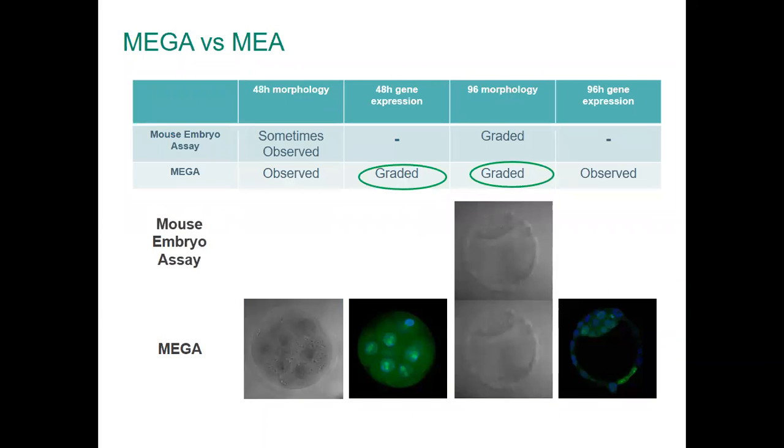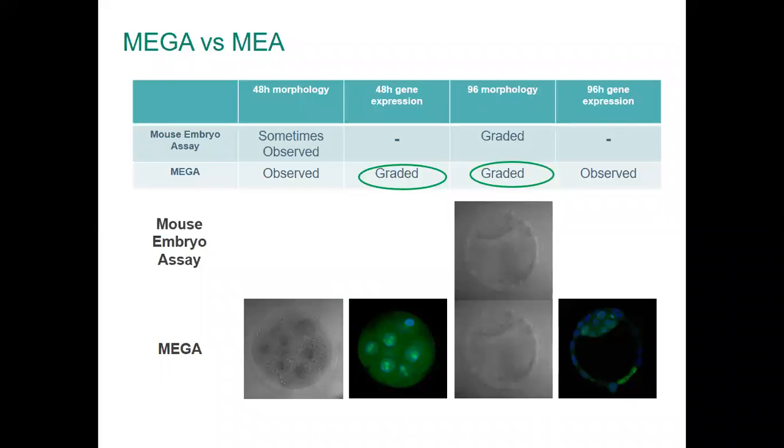So here is a summary of the comparison between MEGA and normal MEA. As you can see, for the normal mouse embryo assay, MEA, we normally just grade the morphology at 96 hours. And for MEGA, we will check the EFI at 48 hours, just as gene expression, and then we will also observe the morphology at 48 hours.